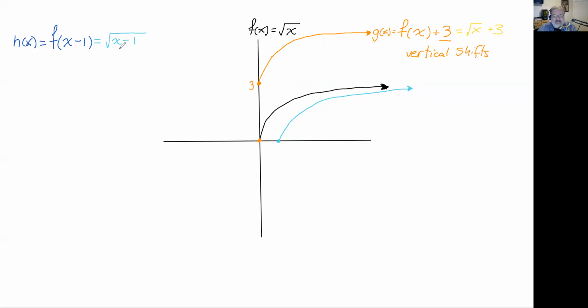It's going to act like it's a 0 when x is 1. So when x was 1, this thing acted like the 0. When x was 2, it acted like a 1. When x was 3, it acted like a 4. So all the x values, one level further, acted like they would have earlier. So everything's happening further down the axes.